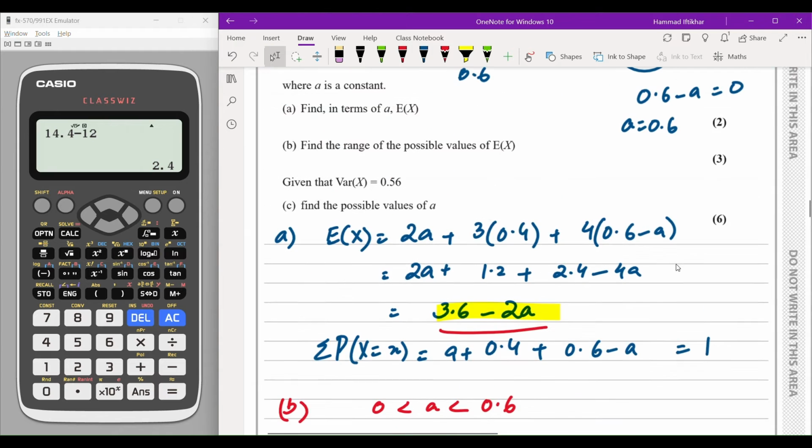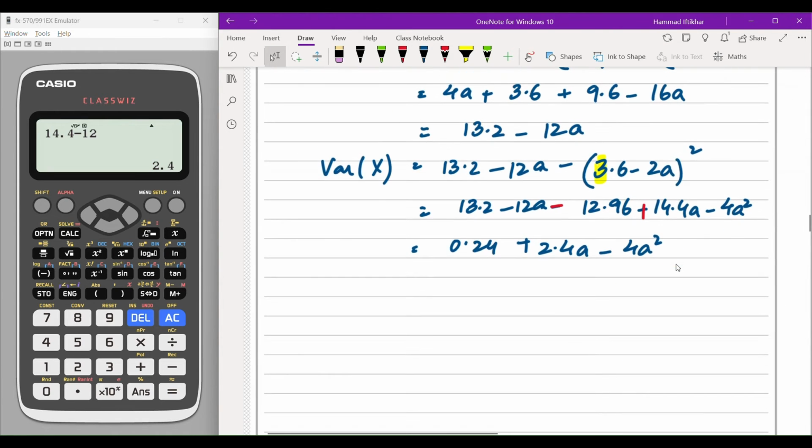They said that the variance is equal to 0.56. Okay, so that means this entire thing goes on this side. So 0.24 minus 0.56. Okay, so this becomes 4a squared minus 2.4a. And when we switch the signs, it will be plus 0.32 equal to 0.